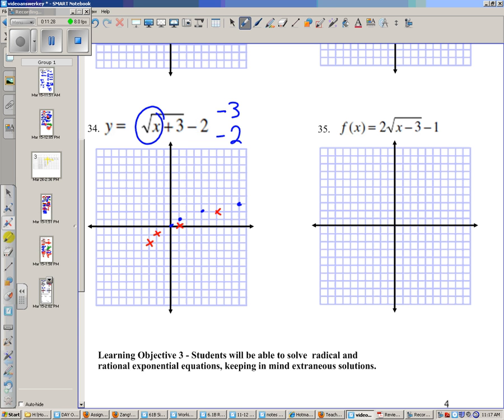Now this one has a starting point and then it keeps going. So an arrow only at one end, and don't extend it beyond this X point right here because those points don't exist. If I put any numbers in over in this side, like X is -7, when I put X is -7 into here, I'll be working with imaginary numbers, and we don't graph imaginary numbers.